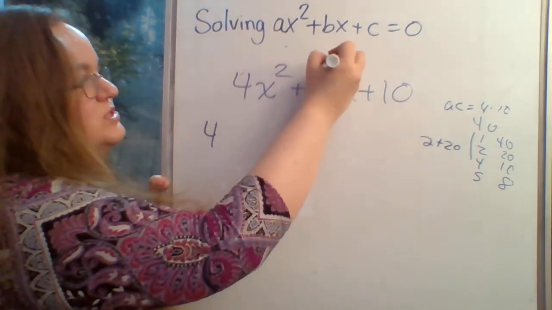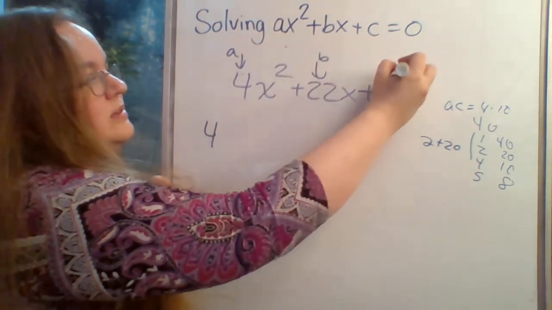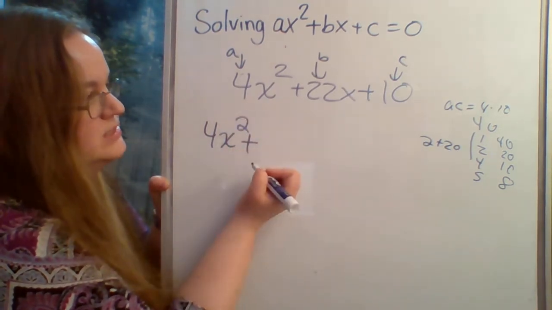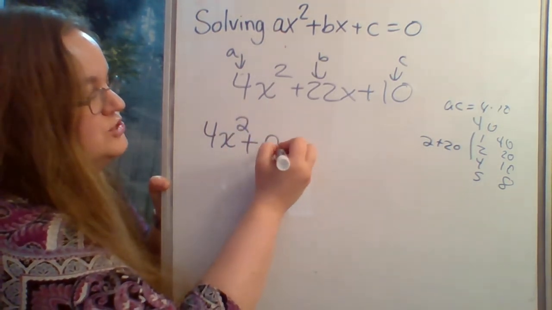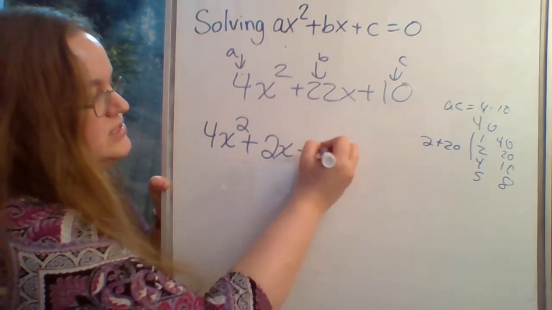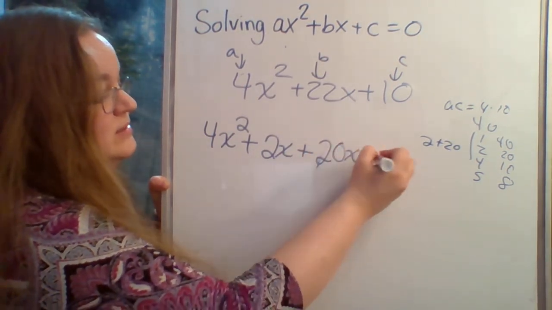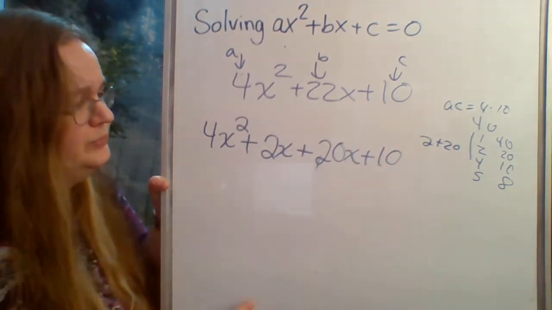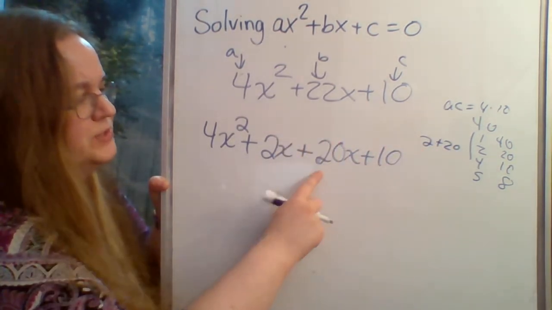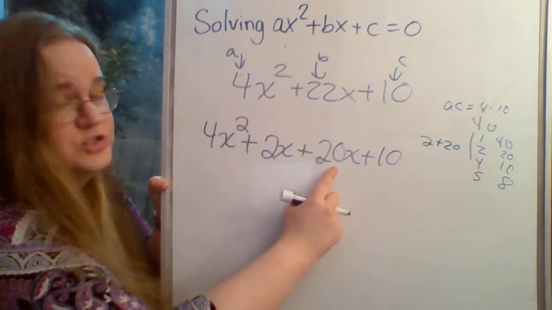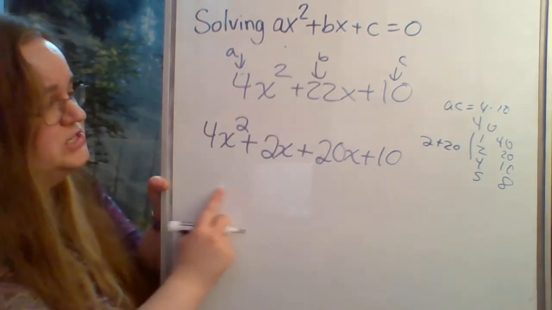Remember this one's B, and this one's A, and this one's C. So I'm going to rewrite it as 4x squared plus 2x plus 20x plus 10. I broke B into 2x and 20x because 2 plus 20 is 22.